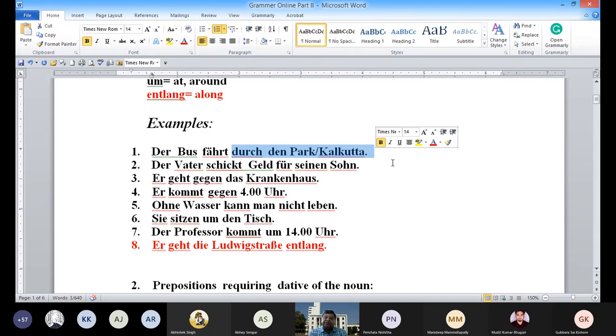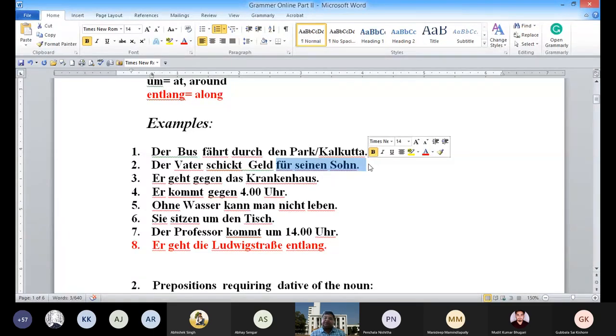There are different uses of accusative and dative. Earlier I was explaining accusative and dative objects based on the questions what and whom. If you ask what and an answer comes, then that is the object. But here these are not like that. So here, für seinen Sohn is not an object. It is a preposition.